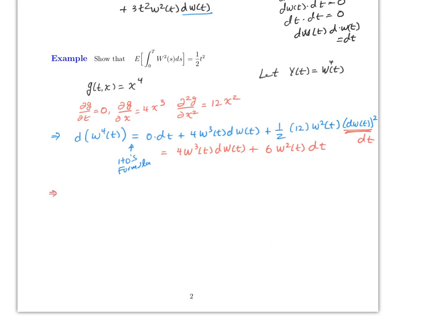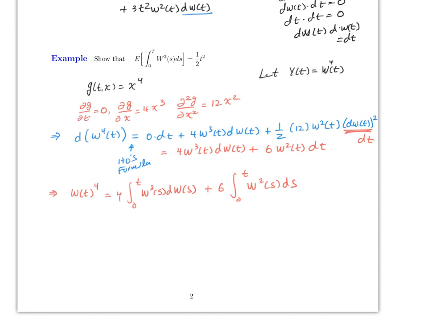So if we integrate both sides, we will end up with W_t to the 4th power equal to 4 times the integral from 0 to t of W_s cubed dW_s, plus 6 times the integral from 0 to t of W_s squared ds, where remember, this is the stochastic integral, or the Ito integral, and this part is the regular integral, even though this is random.